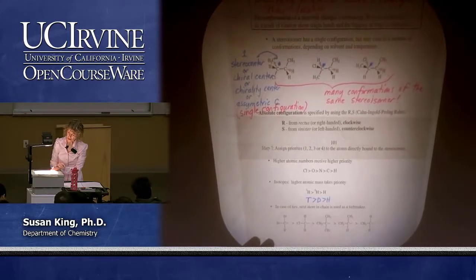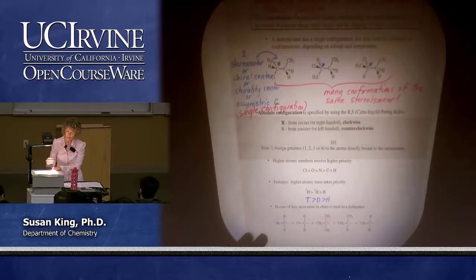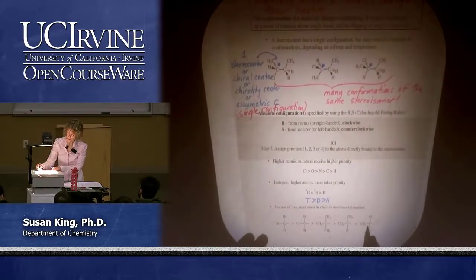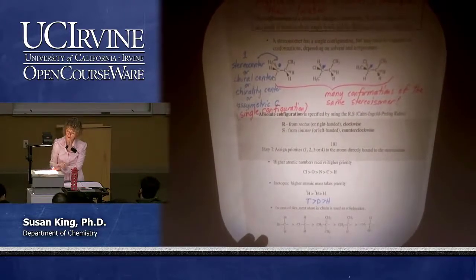Carbon with 3 methyls is going to have higher priority. And then if we move on and we have 1 chlorine, even though we only have 1 chlorine, we have 2 hydrogens, that's still higher priority. So you're going to follow the highest priority pathway here. So we have carbon-carbon, carbon-carbon, carbon-carbon, carbon-chlorine. Carbon-chlorine is going to have higher priority.